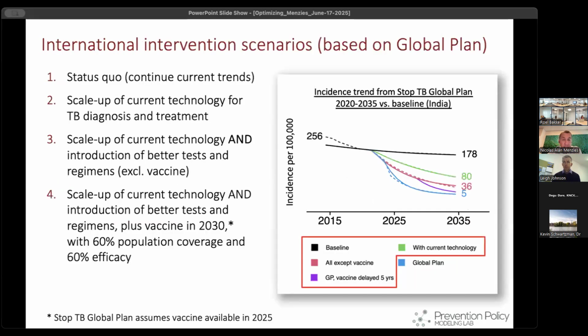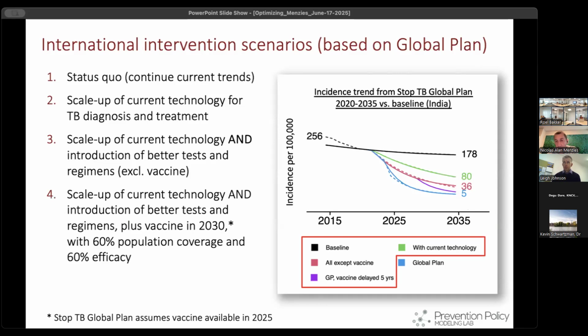So for the international scenarios, we really used the template provided by the Global Plan to End TB. What you can see in this graph is a number of scenarios that were constructed around the Global Plan. The black line is the status quo. This is global incidence trends in India, just as an example country.